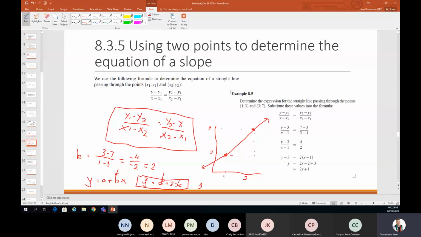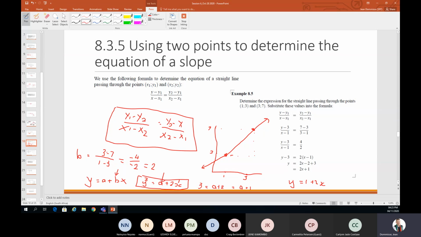So 3 is equal to a plus 2. So then my a is equal to 1. So if I take the 2 to that side, 3 minus 2 is 1. And then I can complete my formula. I must remember to say y and not a, as in Afrikaans. So y is equal to the a, which we've calculated as 1, plus 2x.